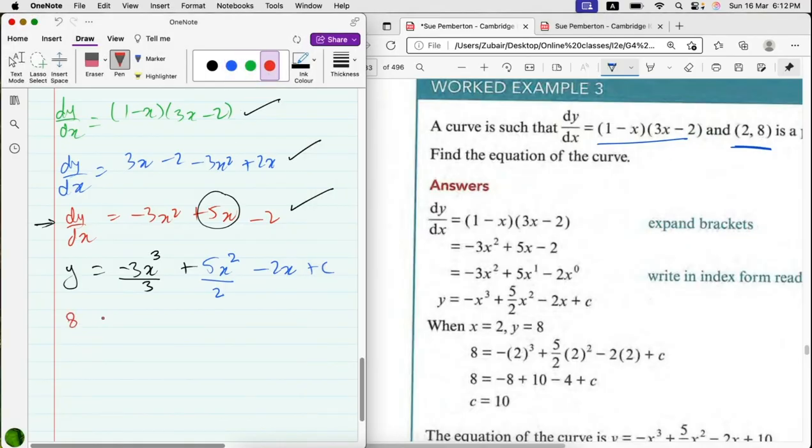Now y is 8, x is 2, and we use a calculator to find c. 2 cube, that's just minus 8. 2 times 4, 4 5s are 20, by 2 is 10, minus 4 plus c.